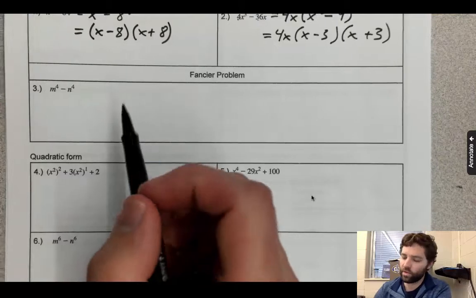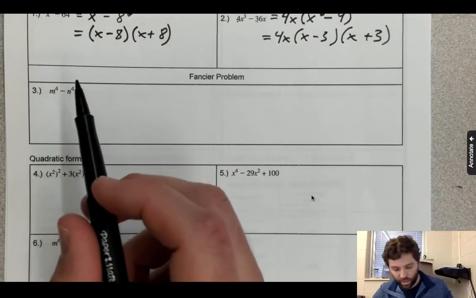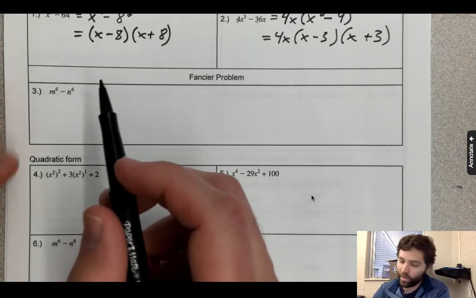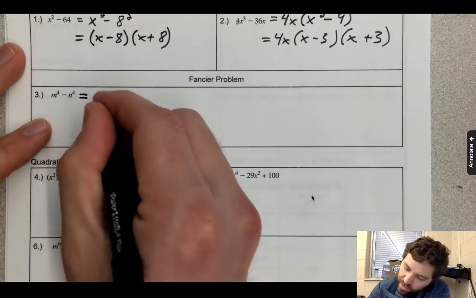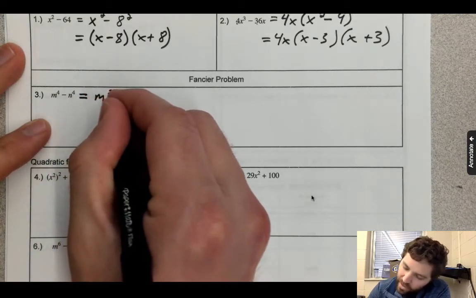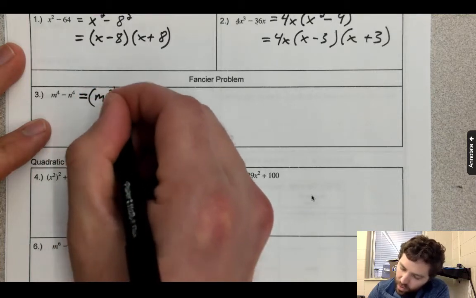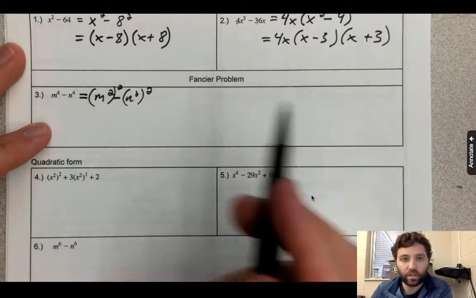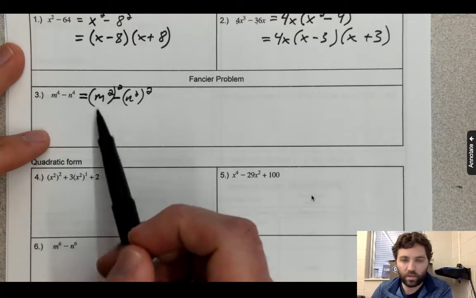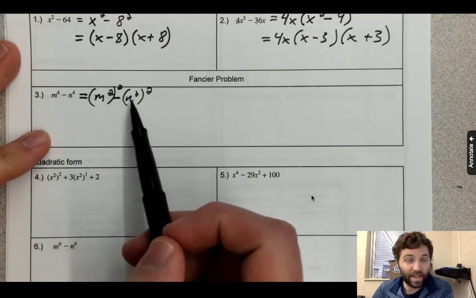So m to the fourth minus n to the fourth, it may not be obvious that this takes that format, but I can rewrite this in this way. I can rewrite this as m squared, squared, minus n squared, squared. So taking the place of a is m squared. Taking the place of b is n squared.